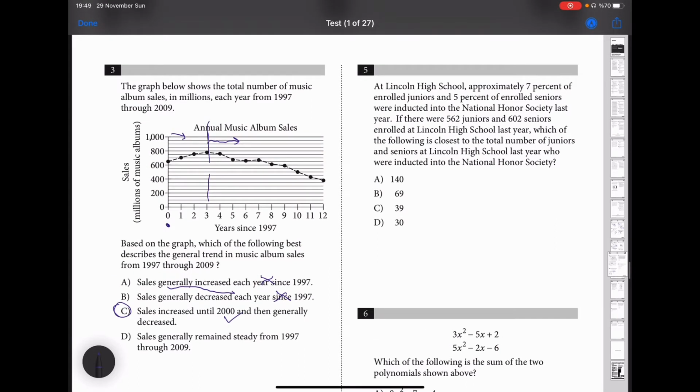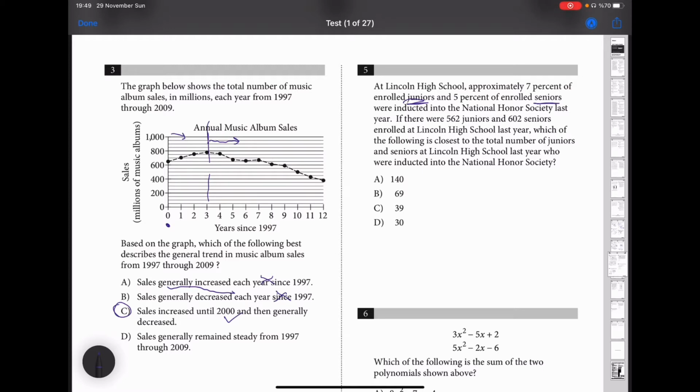5. At Lincoln High School, approximately 7% of enrolled juniors and 5% of enrolled seniors were inducted into the National Honor Society last year. If there were 562 juniors and 602 seniors enrolled at Lincoln High School last year, which of the following is closest to the total number of juniors and seniors at Lincoln High School last year who were inducted into the National Honor Society?